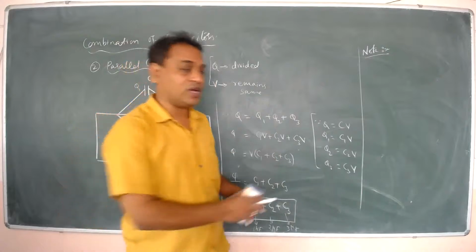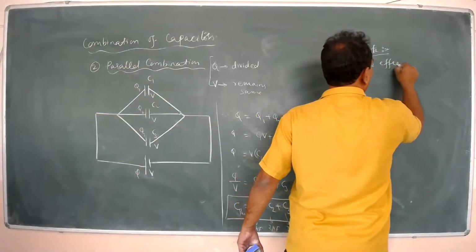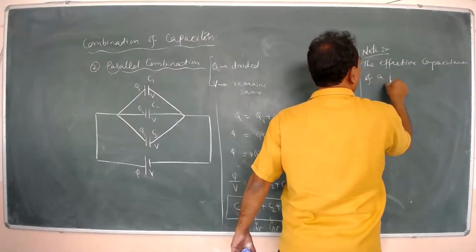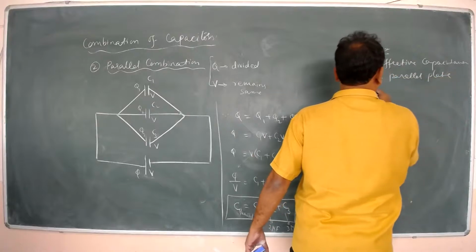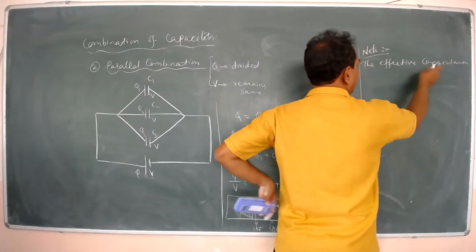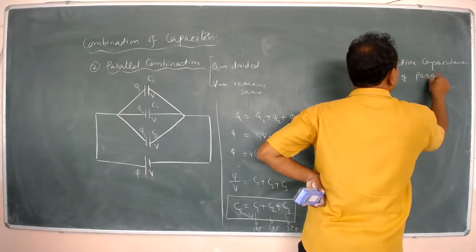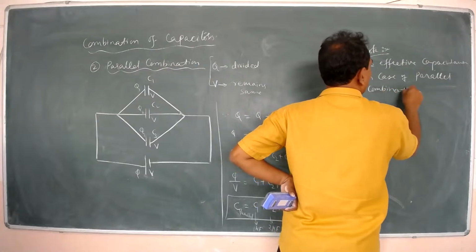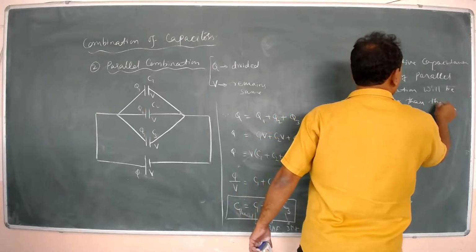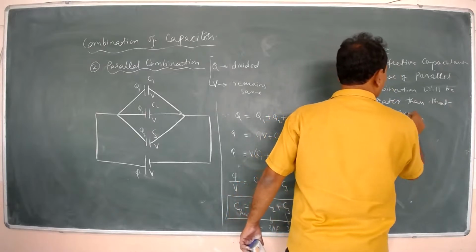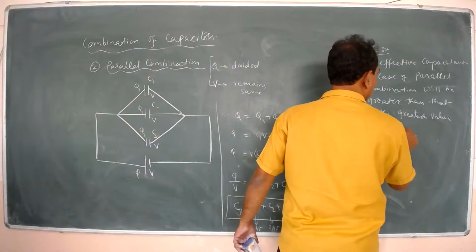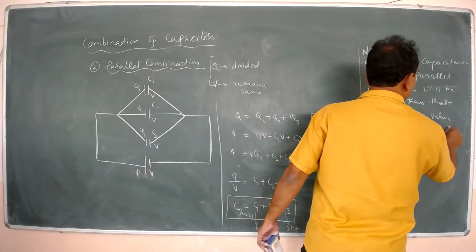Hence we can write that the effective capacitance in case of parallel combination will be greater than that of the greatest value capacitance in this combination.